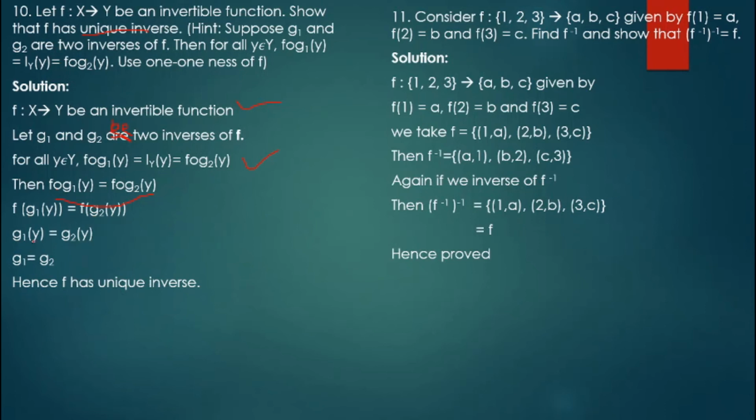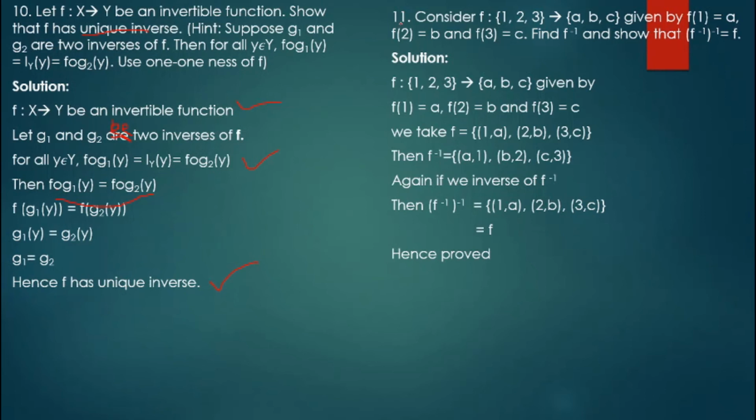So next, g1 of y is equal to g2 of y. So g1 is equal to g2, hence f has a unique inverse. Why? Because both are equal, that is, one and the same. So g1 and g2 are the same thing, not two different functions, they are the same function actually.